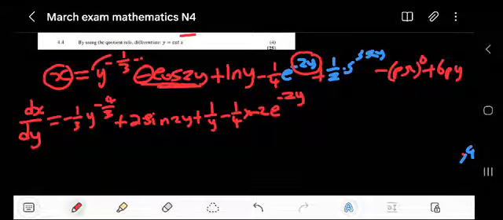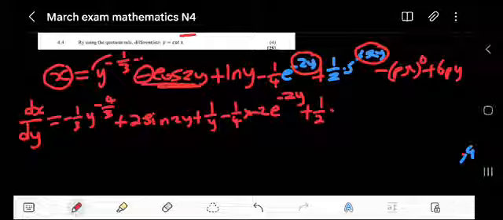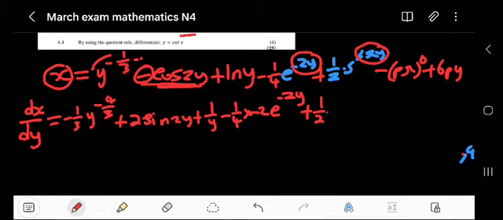Now we go to this. We have plus 1 over 2 multiplied by the derivative of this. Obviously we have pi, so we'll multiply this by pi, and multiplied by 5, 3 pi y.